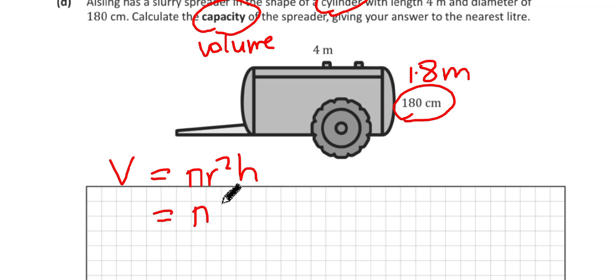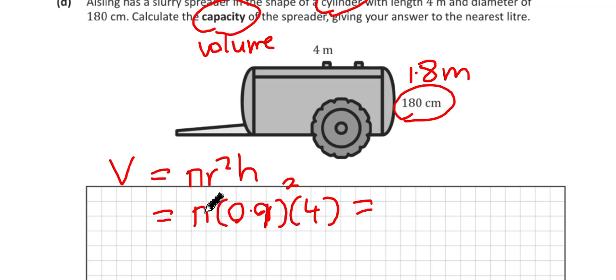We go for pi. What's the radius? It's not 1.8. It's 0.9 squared. And then put in 4 here. Alright, somebody give me an answer for that. 10.18.